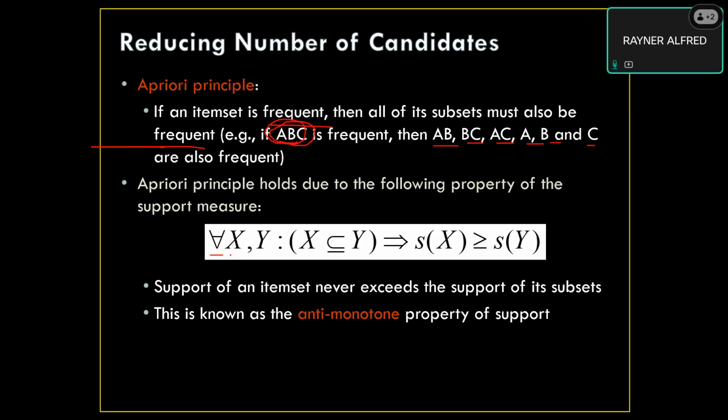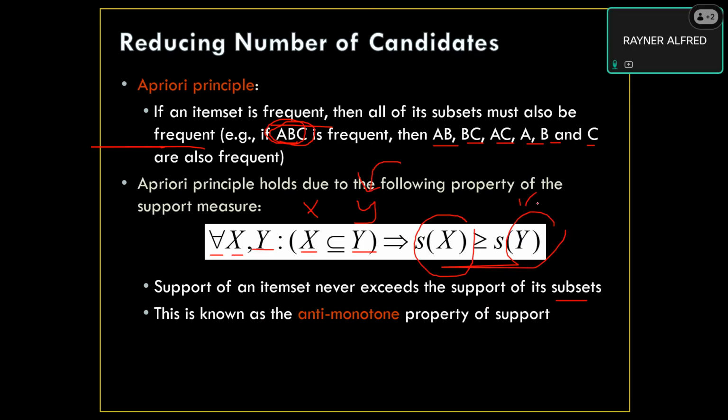For all X and Y, if X is a subset of Y, that means Y has more items than X. So the support of X is always greater than that of Y, right? Because the bigger the item set, the lower the support. So the support of an item set never exceeds the support of its subsets.